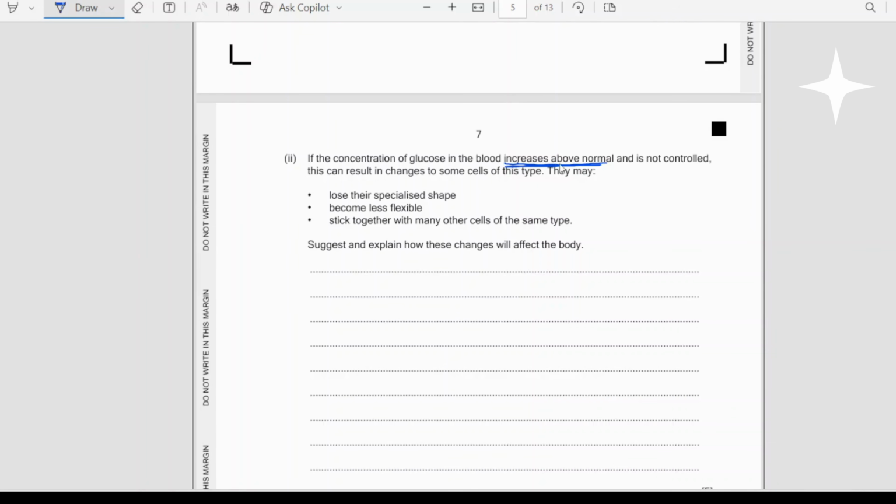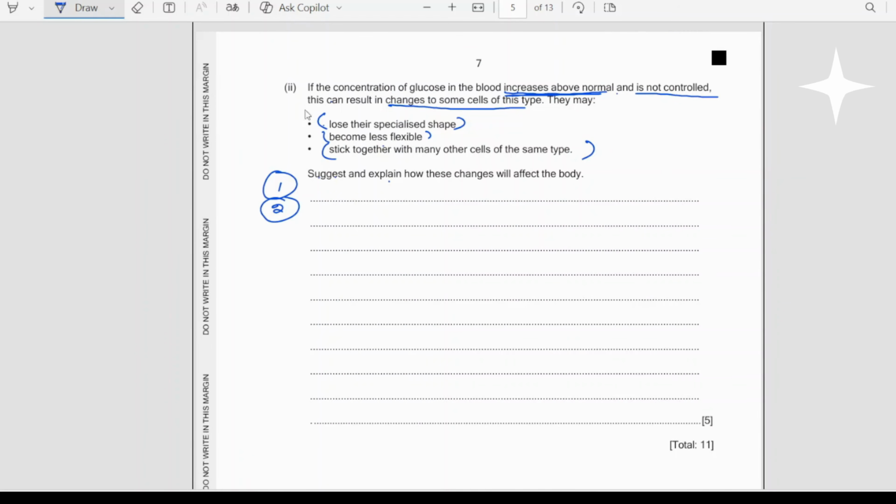Okay, we have a question. If glucose in the blood increases above normal and is not controlled, this can result in changes to some cells of this type, like red blood cells. First of all, they lose their specialized shape, they become less flexible, and they stick together. Now you have to suggest, the one point would be of suggestion, and the second point would be of explanation according to these. If they lose their specialized shape.